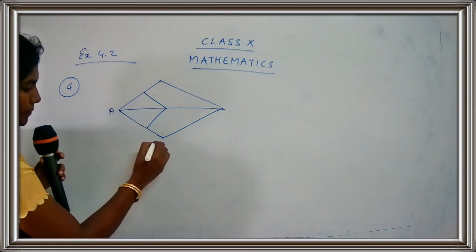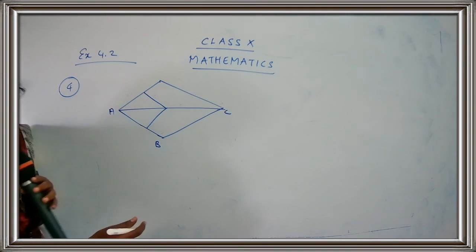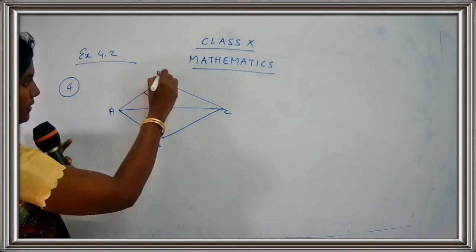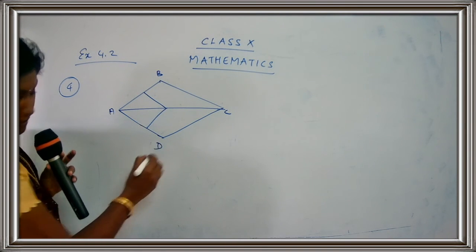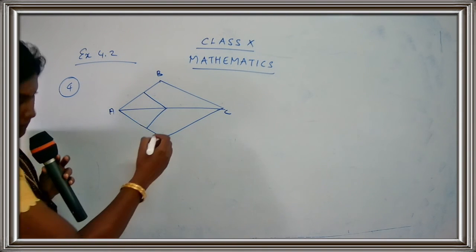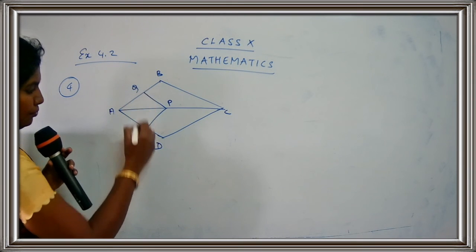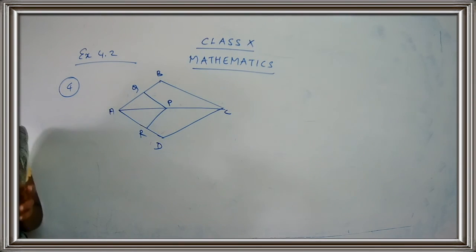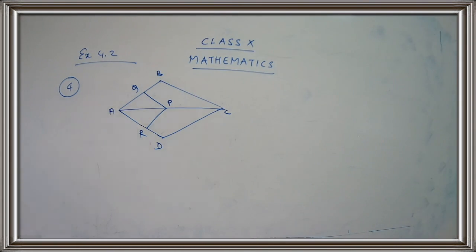It's A, B, C, D, P, Q, R. So this is the figure. Are you doing the figure children? Draw it neatly.